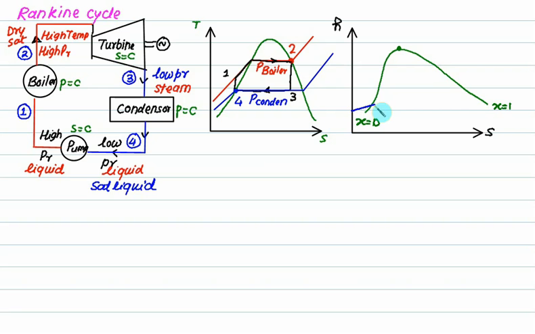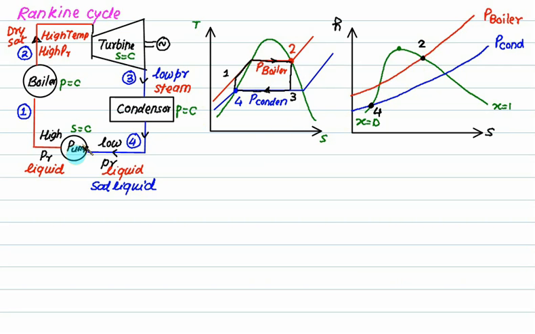I will draw this line as a constant pressure line, call this P condenser. And then we'll draw one high pressure line. The standard point here is 4, which is a saturated liquid at low pressure. So we can fix point number 4 here. And the other point is 2, which is dry and saturated but at high pressure. So we can fix point number 2 here.